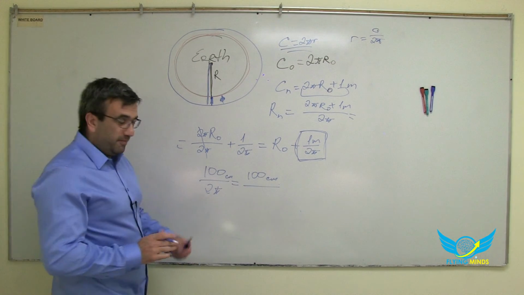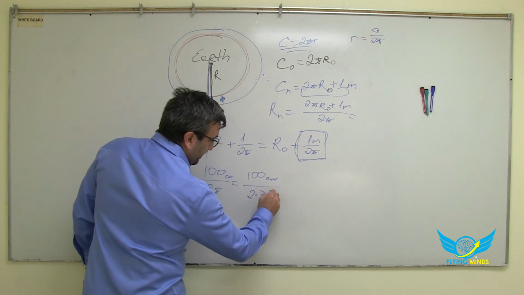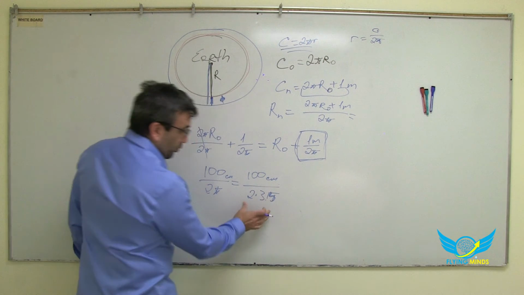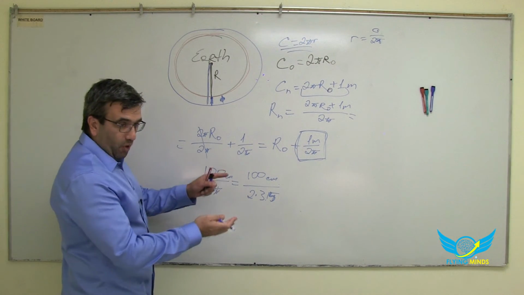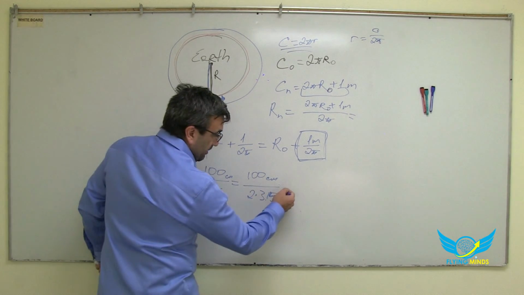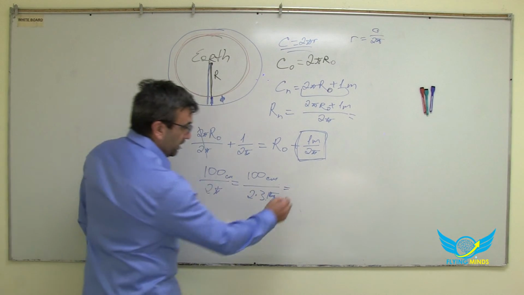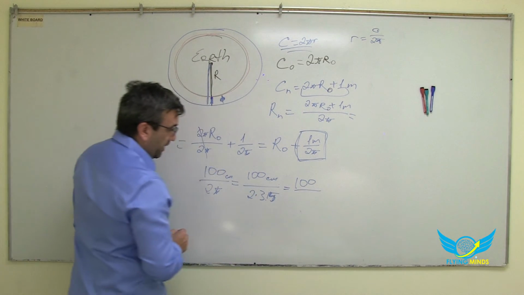So 2 times 3.15. Because we make the denominator bigger, our fraction will be smaller, but let's see what we get.